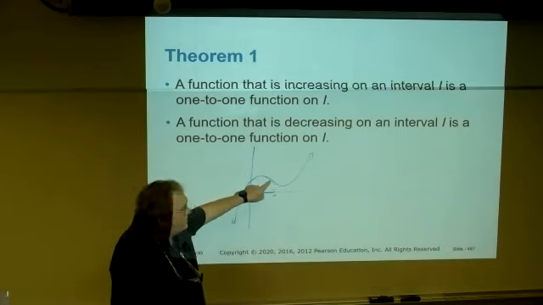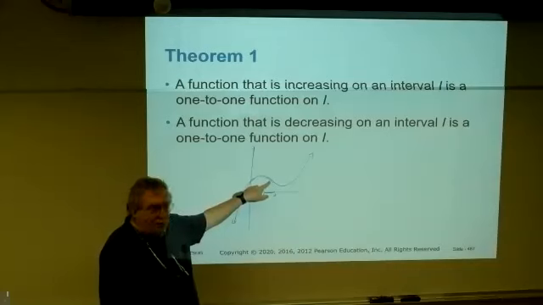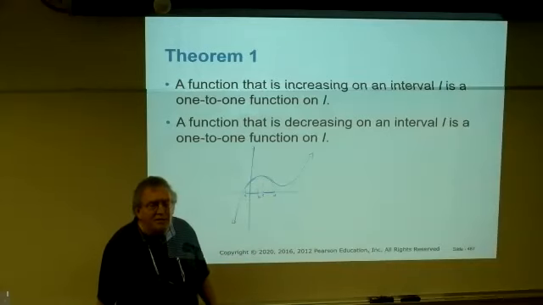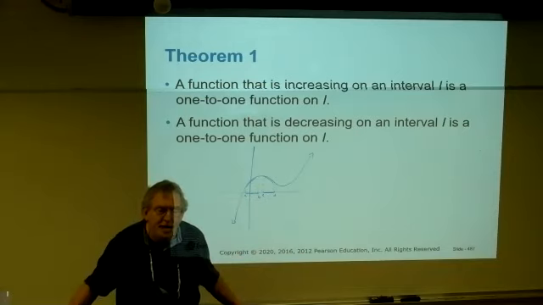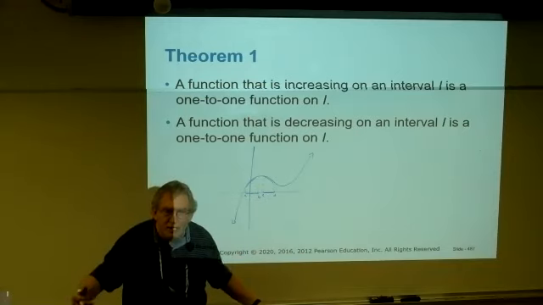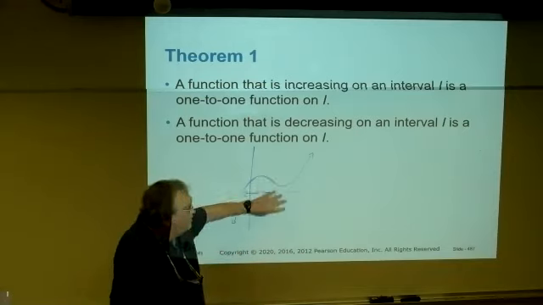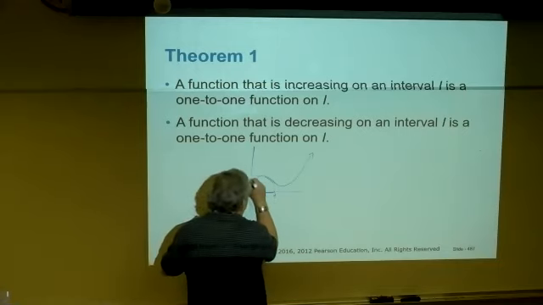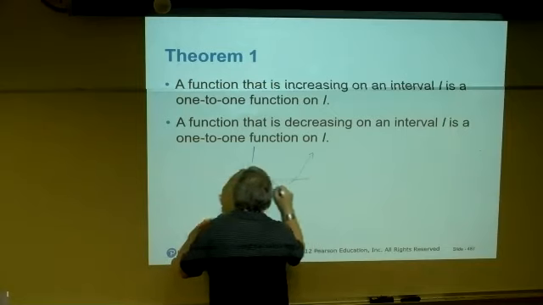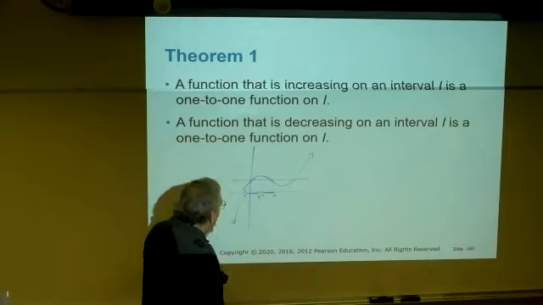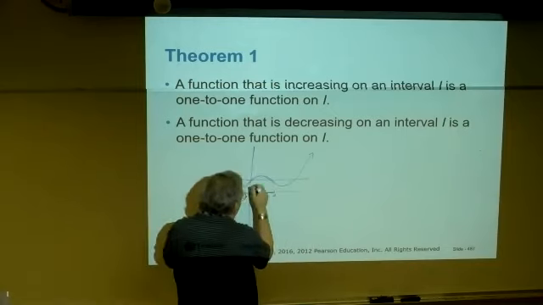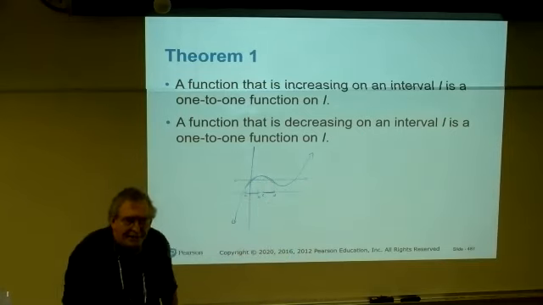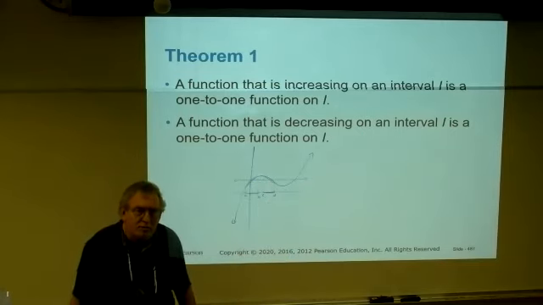That means the function is one-to-one in this interval, even though the function itself is not one-to-one, right? Because I can draw a horizontal line through here and it hits the graph more than once. But in this interval, it only hits it once. And in this interval, it only hits it once. So in these intervals, it is one-to-one.